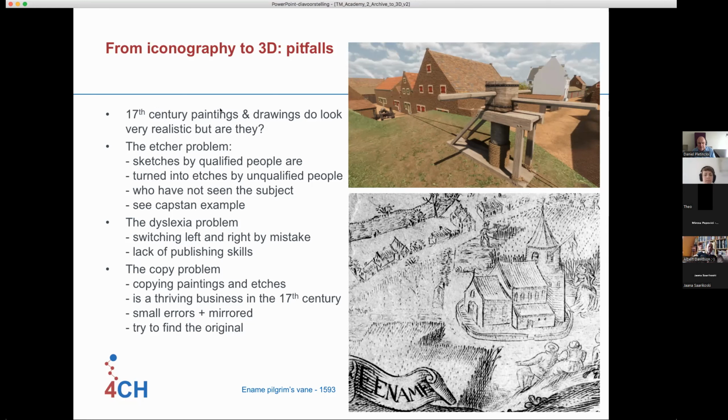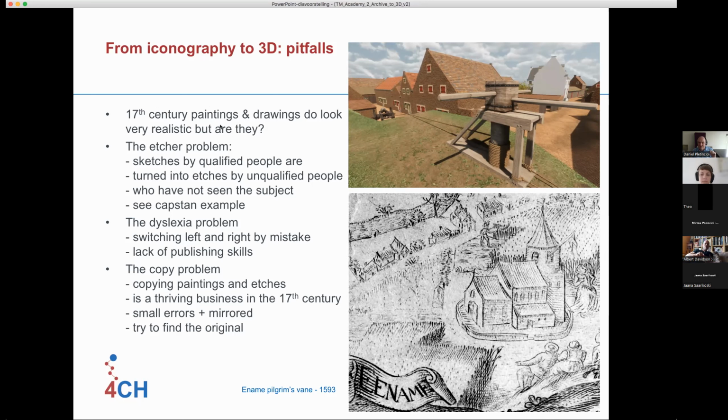And I thought it was useful to start with the aspect of, okay, what do you need to be careful for? Because when you look at 17th century sources, most of these things look very realistic. And you say, oh my God, beautiful detailed pictures. It's like a picture, it's not an image, it's a photograph from the 17th century. Are they really like that?